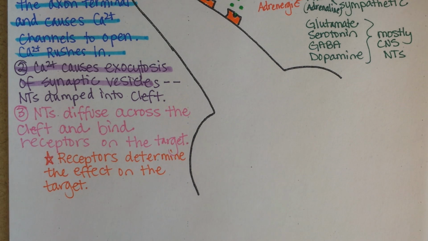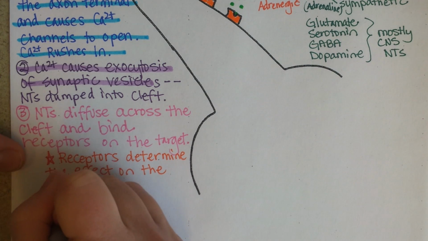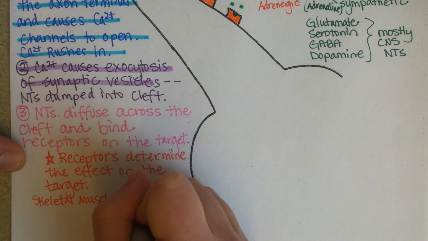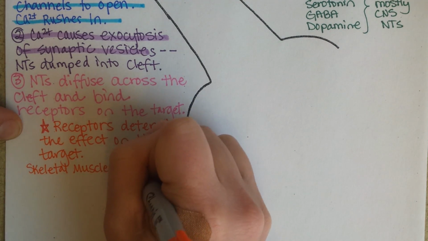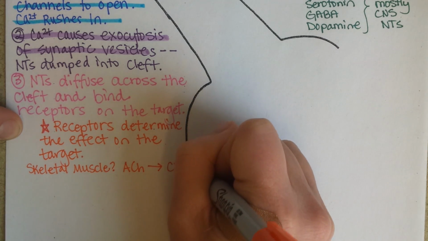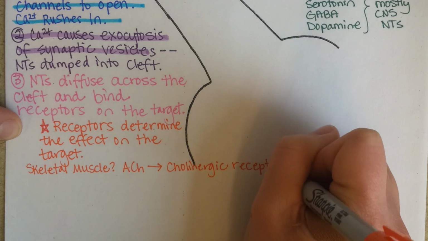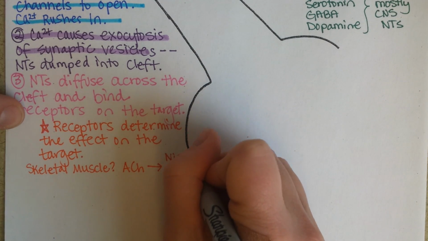So let's think of some possibilities of what could happen. If the target is a skeletal muscle, then what would happen is ACH would bind to cholinergic receptors, and specifically a type of cholinergic receptor called a nicotinic.